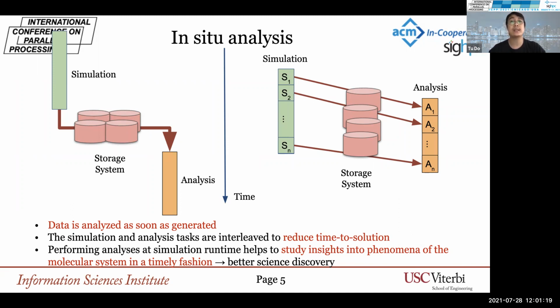Thanks to the iterative nature of the simulation, the simulated data can be split into portions and staged to the analysis over iterations as well. By doing that, the simulation and the analysis can run concurrently and interleave their execution, so it can help to reduce the time to solution.